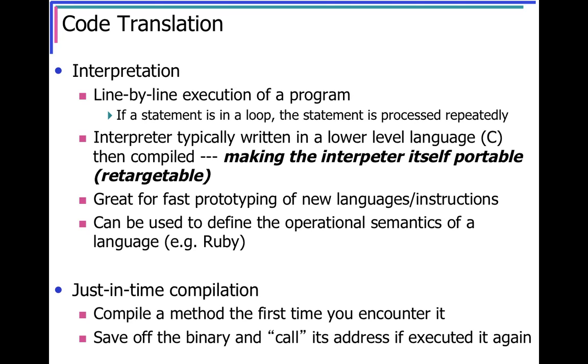That is, it's easily retargetable to different architectures. And that means our programs become portable if they execute over interpreters that are available for different targets. Interpreters are great for fast prototyping of new language features and instructions, and can be used, like they are in the Ruby language, to define operational semantics for the language.